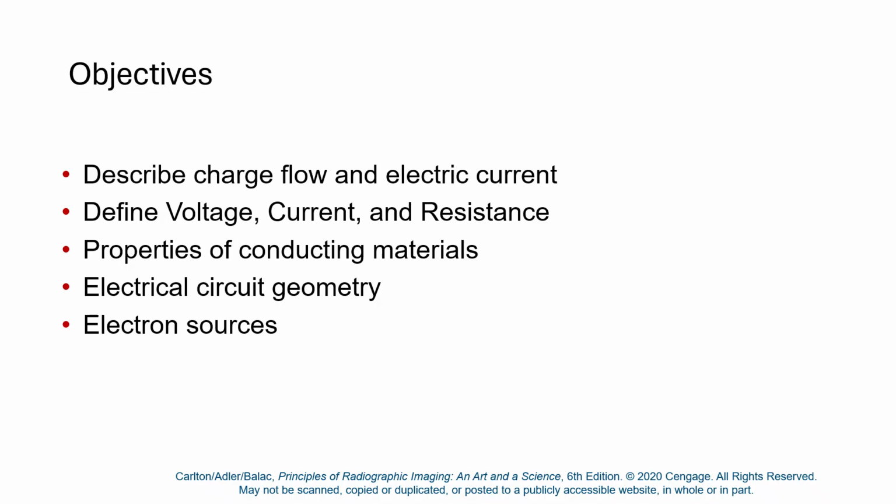Right, and then we'll wrap up the lecture with circuit geometry and sources of the electrons, which are basically the conductors themselves. But we do have to push a little bit of energy into them to get them to free up their valence electrons. Not a whole lot, but a little bit.